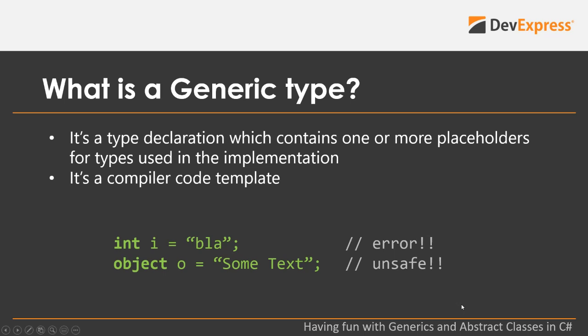It is actually a compiler code template, and this is also how the compiler treats it at runtime. So what you could actually see, and I've seen this many times in the past, is that once a generic type is going to be used, the base of this generic type is going to be compiled already as being generic, and then the actual implementation class will, at a certain stage, only compile the portions of code that are not generic anymore.